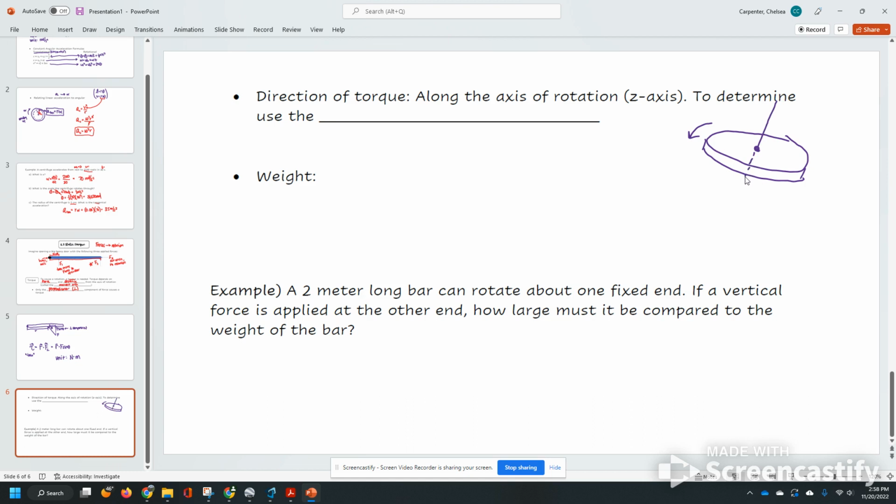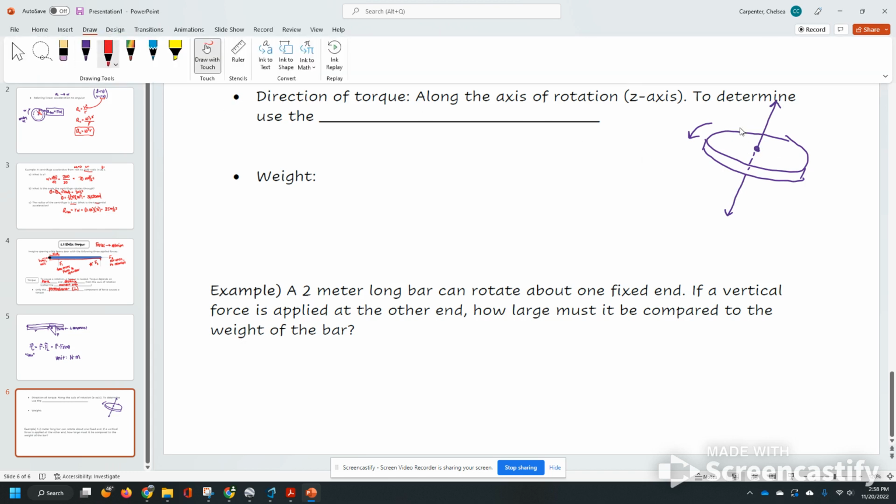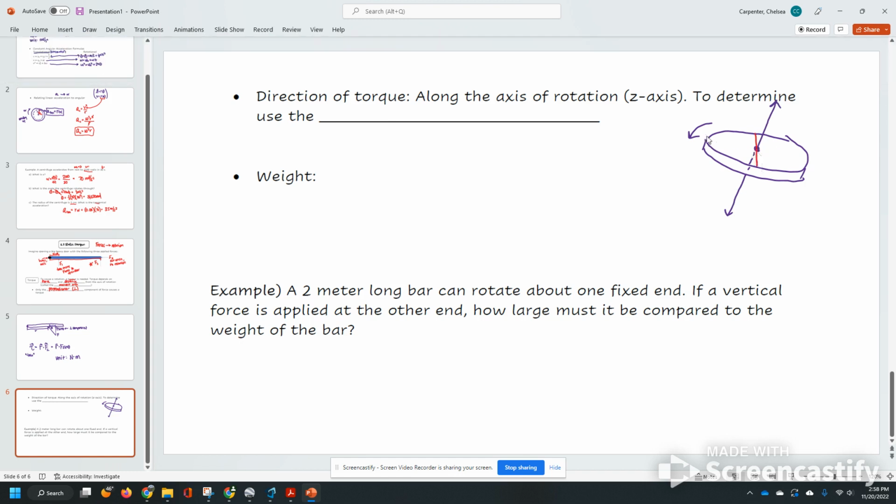So if you imagine there's an axis here along which this object is spinning. It's going to be a little bit different than what we've talked about before with our axes. So for this object here, this could be your y-axis and this could be your x-axis. But then we have another axis, it's going to be the z-axis. So we have to think in 3 dimensions now.